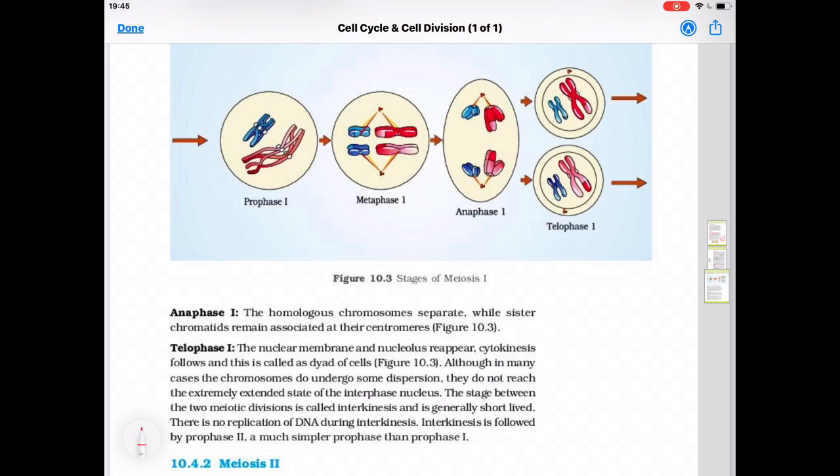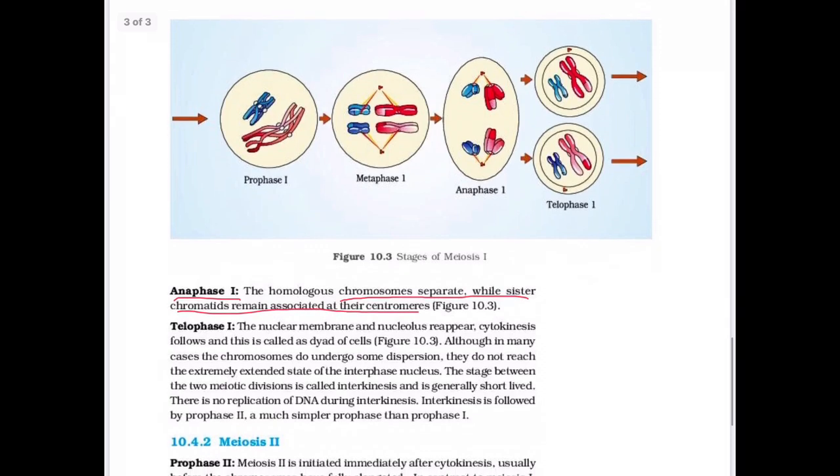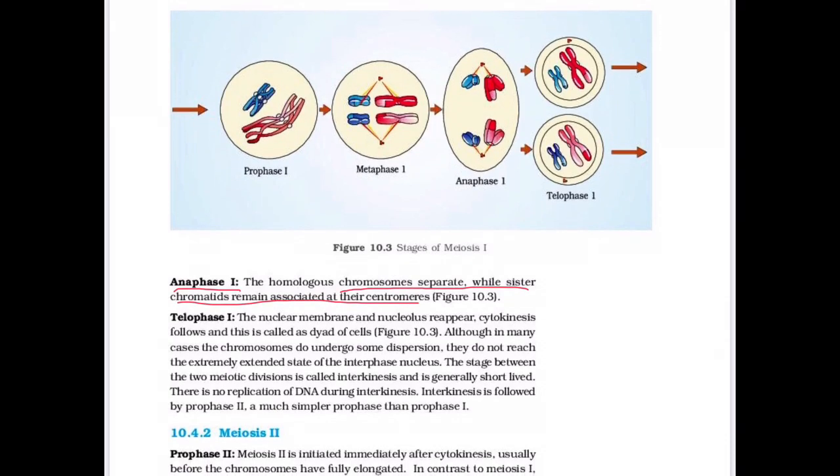Next is anaphase 1. The homologous chromosomes separate while sister chromatids remain associated at their centromere. Here the centromere does not split like in mitosis. One complete chromosome goes to one pole. Of the homologous chromosomes, one goes to one pole and the other goes to the other pole.